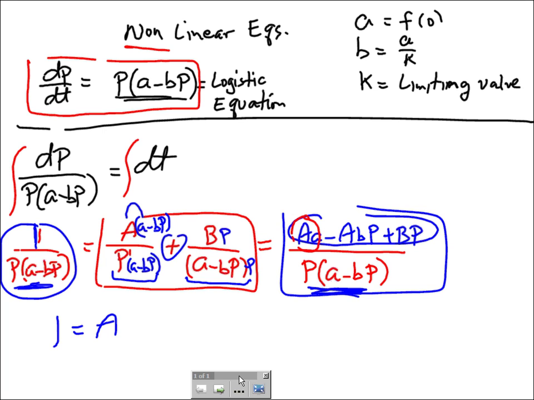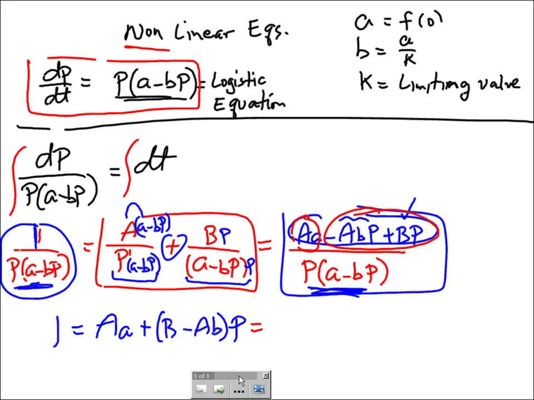That's a constant, capital A times a, plus, I have capital B p's over there, and I'm taking away capital A, b, p. All I did was combine like terms for those two.